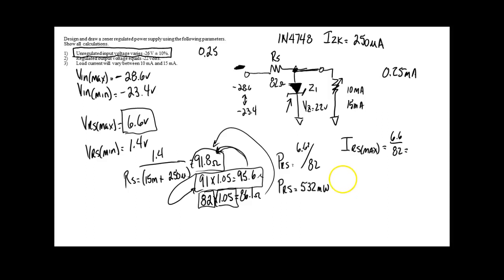So the formula is PZ equals VZ times IRS max minus I load minimum.